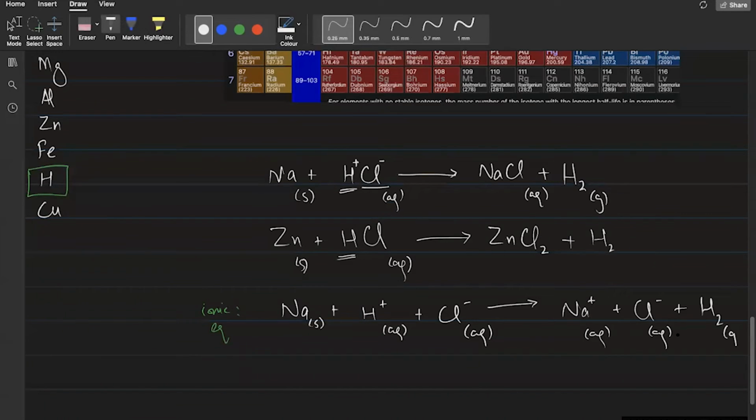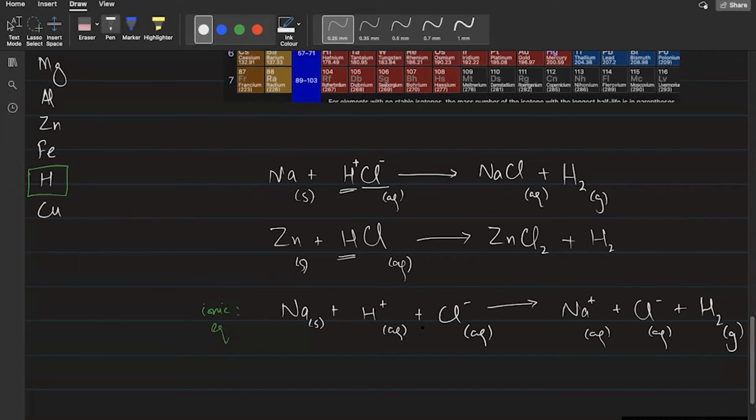By the way, I have not balanced any of these equations yet. If you look at sodium, it is a sodium atom here, and here it is a sodium ion. So there is a chemical change. If you look at hydrogen, it is a hydrogen ion here, and hydrogen gas here, an H2 molecule. So again, some chemical change has happened.